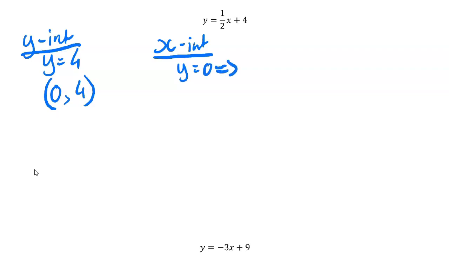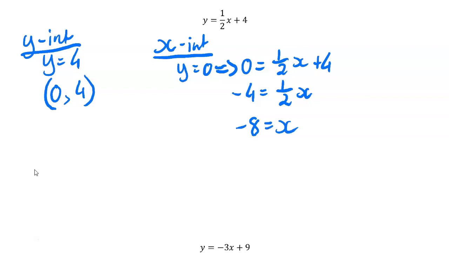So we substitute that into the equation. 0 equals half x plus 4. So I'll take 4 from both sides. Then I have to divide both sides by a half. So -4 divided by a half is -8.